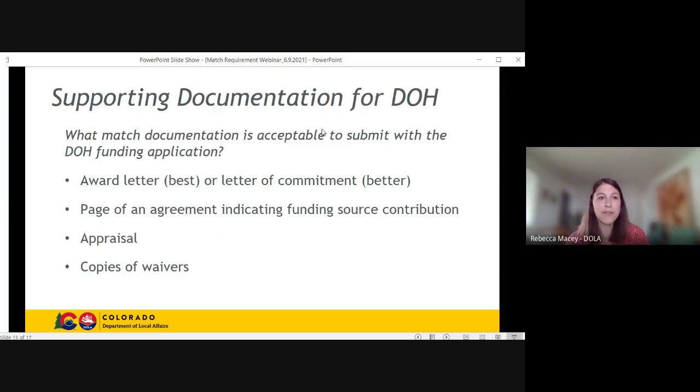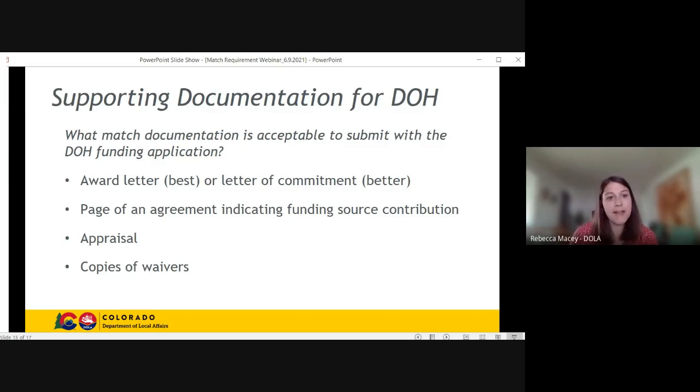So lastly, we're going to talk about supporting documentation for DOH. The question is, what match documentation is acceptable to submit with the DOH funding application? Our preference would definitely be an award letter if you've already met that match.